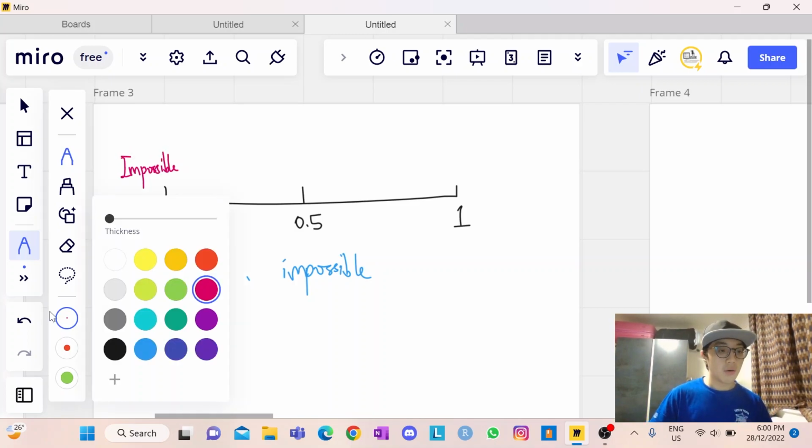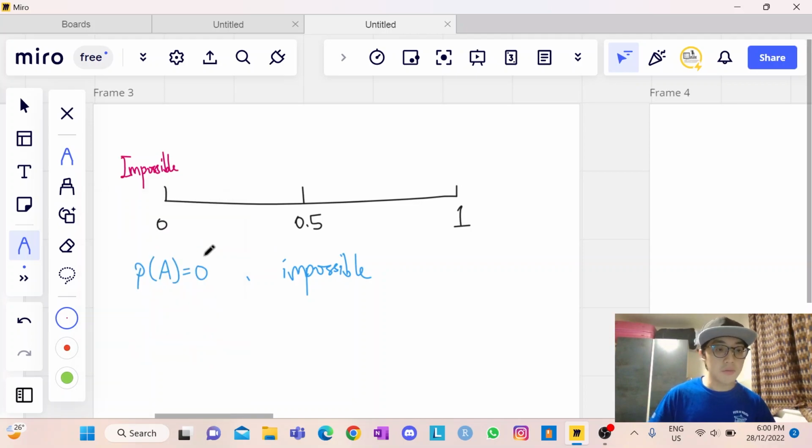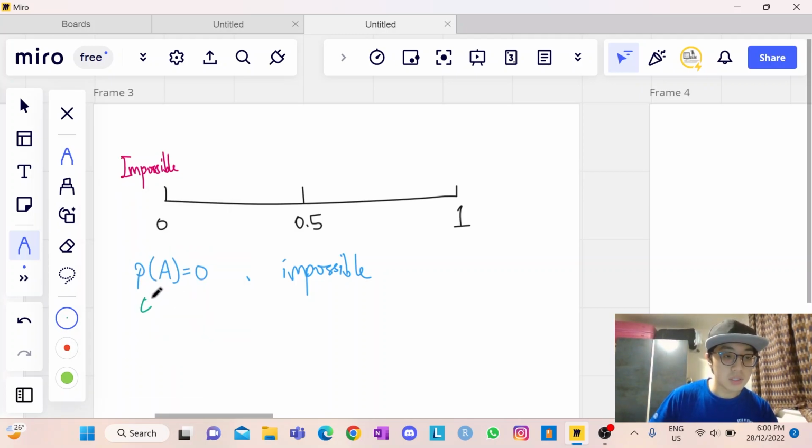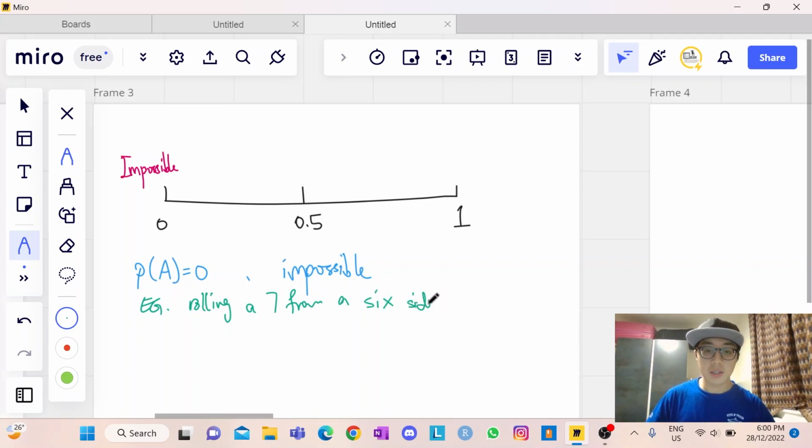I'm going to write down the example too. The example is rolling a 7 from a 6-sided die.